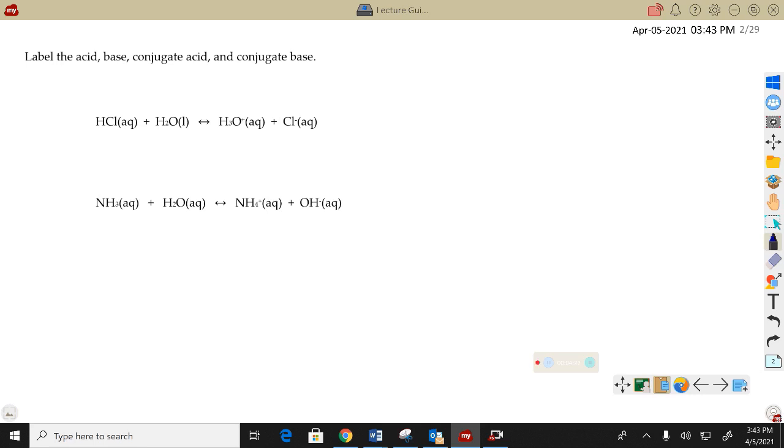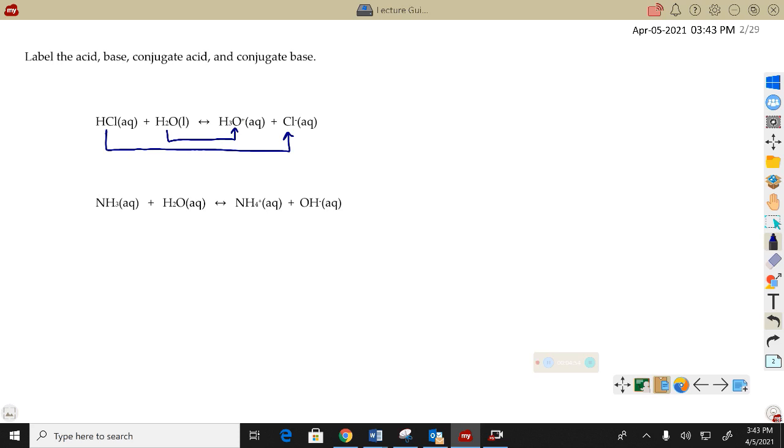For example, this HCl seems to go with the chloride ion. They both contain chlorine, which would mean that the water and the H3O look really similar, don't they? So often you can figure out who's going to pair with who.